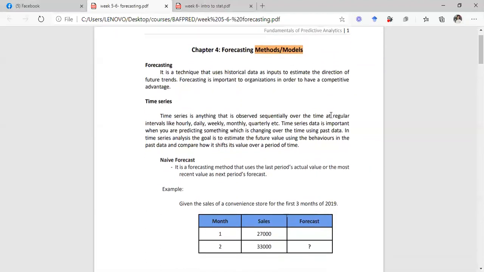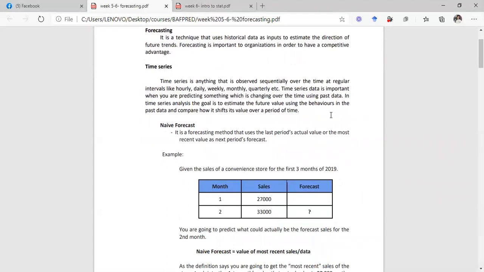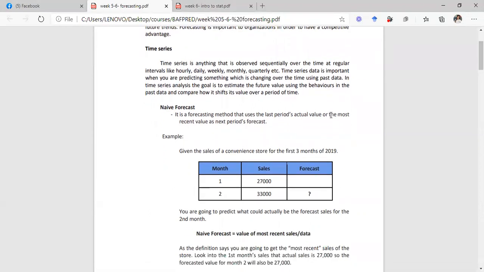Okay, so in here, class, we have time series, another term. When we say time series, it is anything that is observed sequentially. So it is based on time. Like for example, you will predict future sales per month. So that is an example of time series. It is observed sequentially over time at regular intervals like hourly, daily, weekly, monthly, quarterly, or yearly.